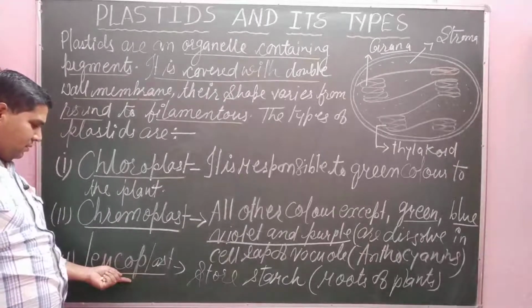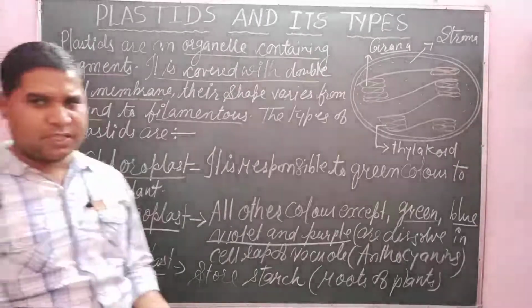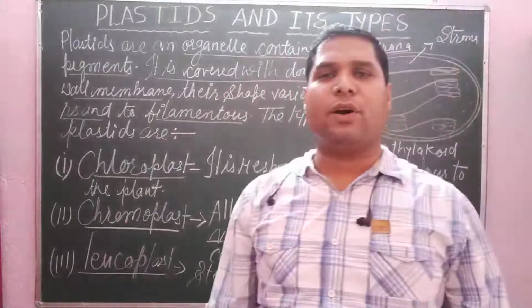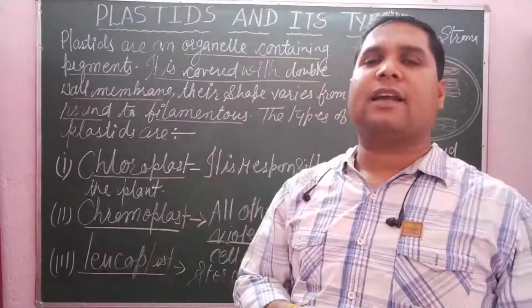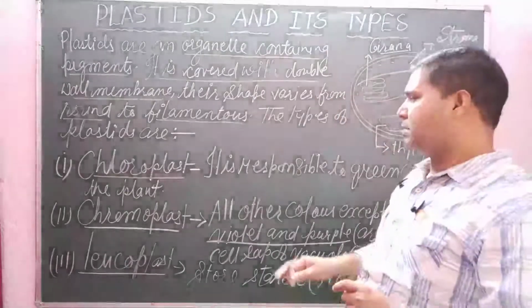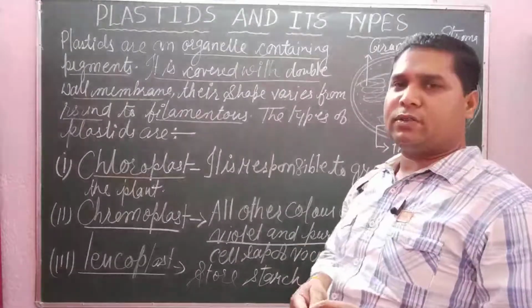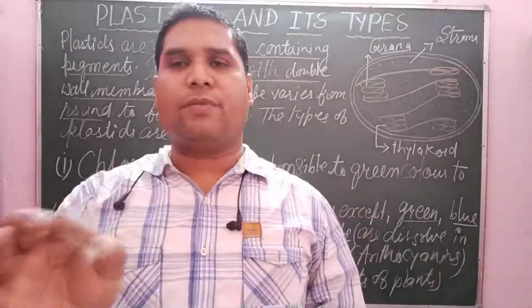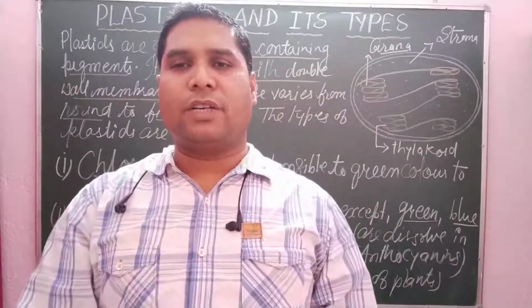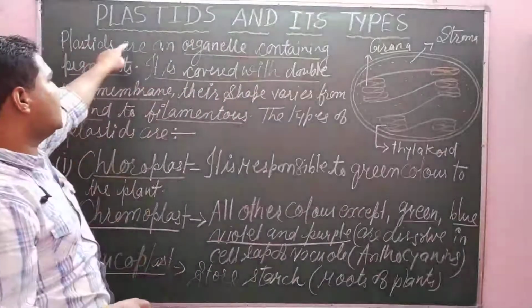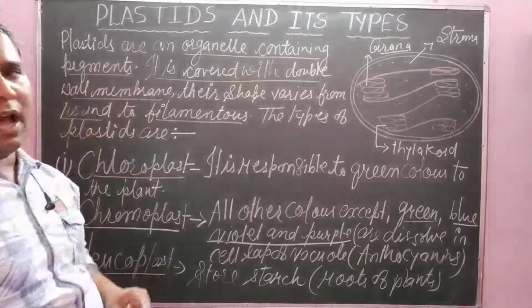Whereas leucoplast is responsible to store starch, and it is a colorless plastid, dear student. So these are the three types of plastid according to the color, meaning they are responsible to give different types of color. So dear student, please read the topic of plastid and its types and learn about it.